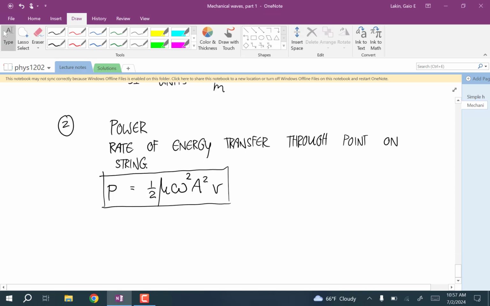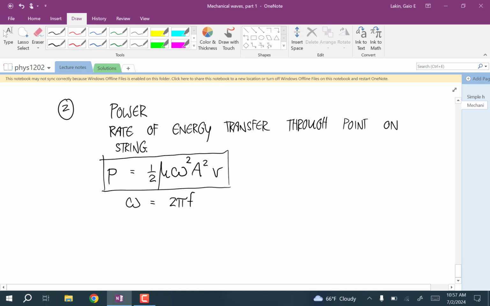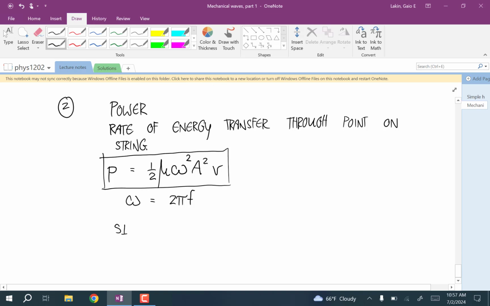Okay, so this is the power. This omega is equal to 2 times pi times the frequency. And the SI units for power are joules per second because it's a rate of energy, and we give that its own name, watts.